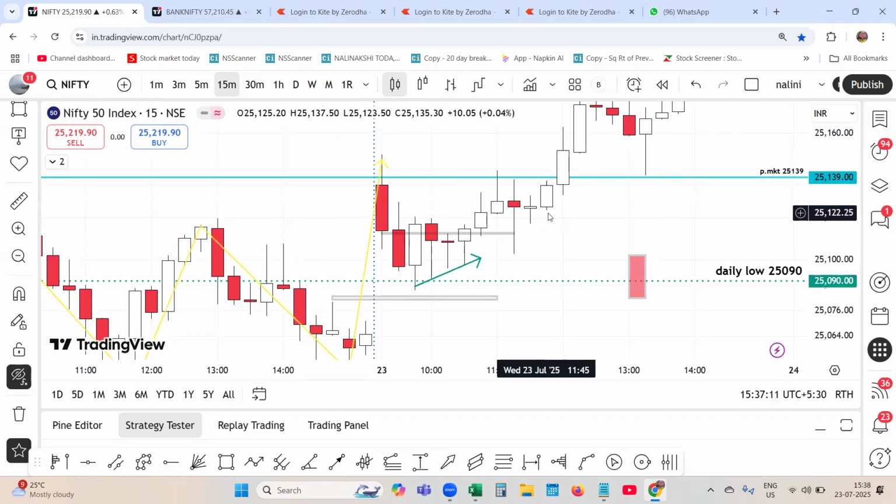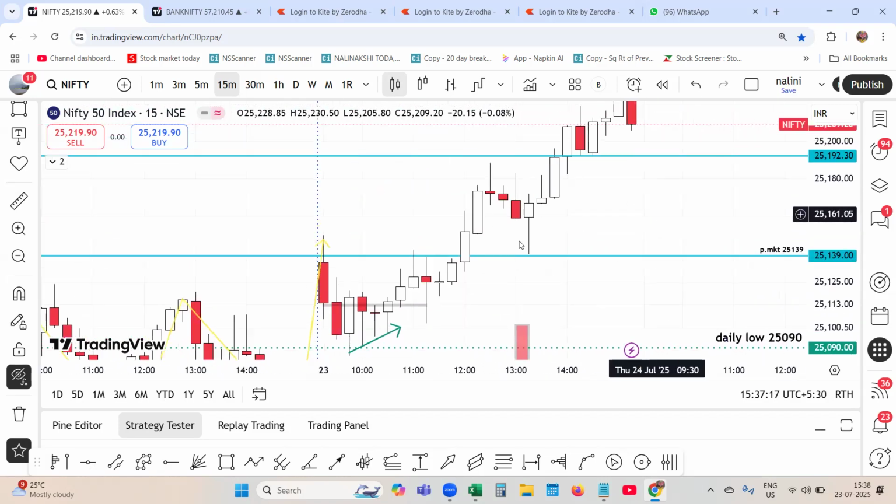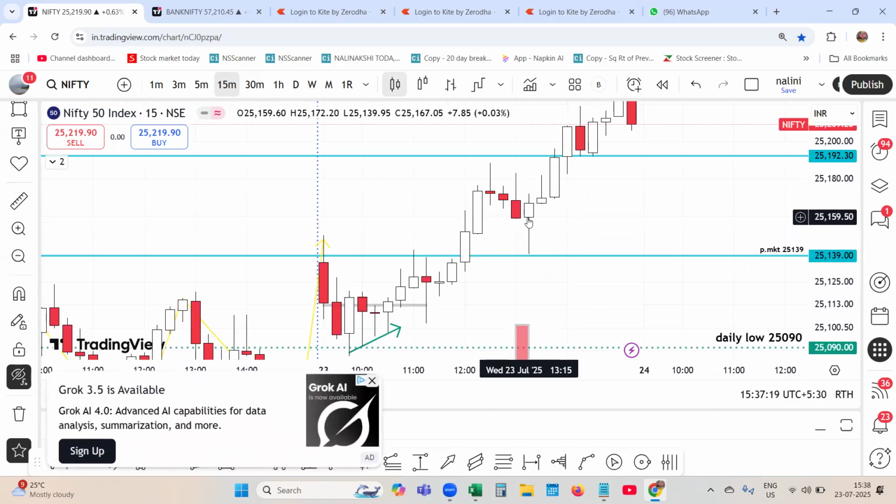So the market was bullish after 11:45. After 11:45, you can see again the same type of candle trapping, moving down, trapping this open low candle and then closing higher.